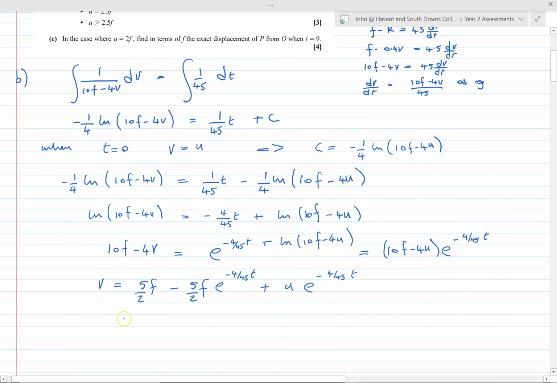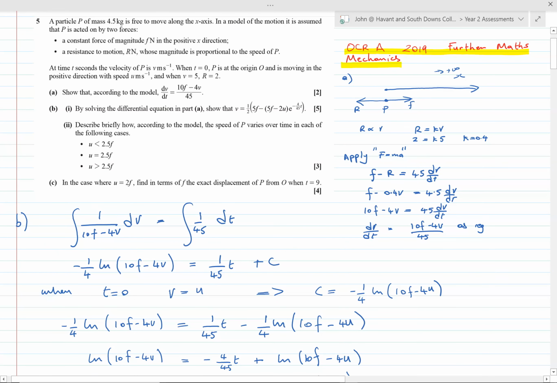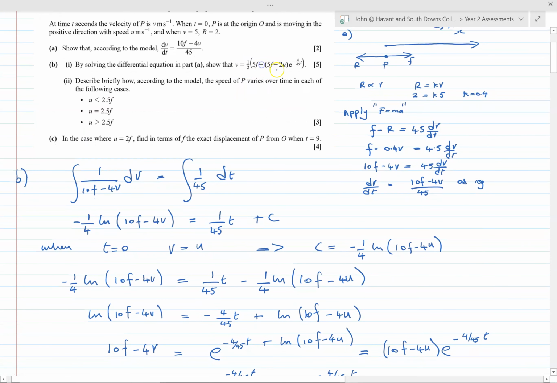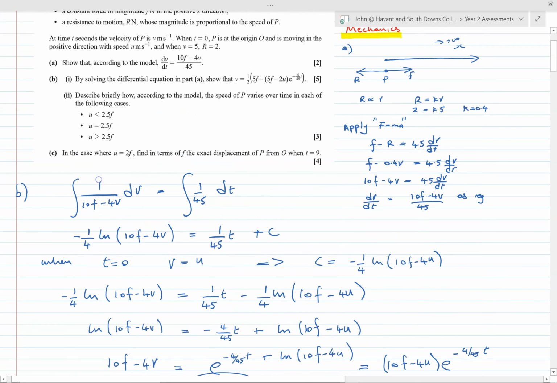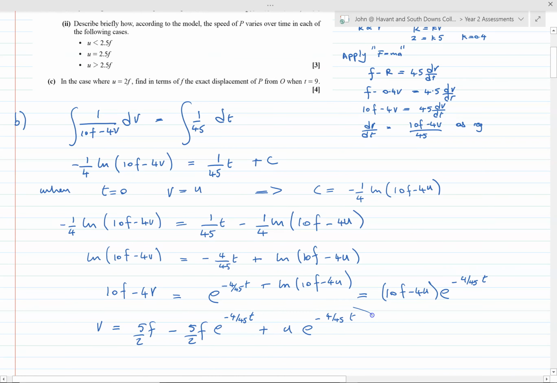And looking at our final answer, I think we're okay to write it here. We can see we've got the 5 over 2 f there. We can see we've got the minus 5 over 2 f here with the final answer. And we've got the plus u as well. So I don't think we have to, we've done all the hard work.